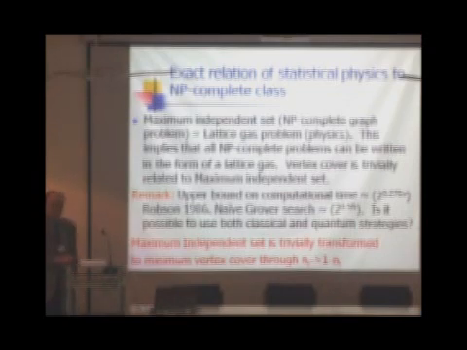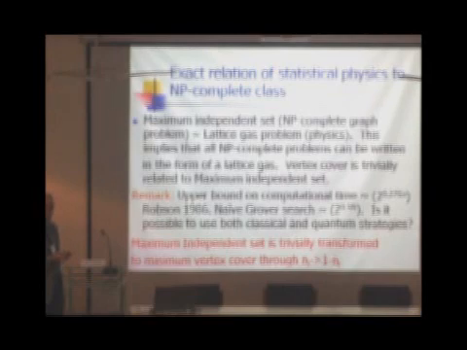This problem's been worked on for 30 years, and there's been a whole sequence of refinements of the upper bounds and practical algorithms. The best upper bound on maximum independent set is this, 2 to the 0.276n. So if you were to use Grover's algorithm naively for this same problem, your computational time would be 2 to the 0.5n, right?